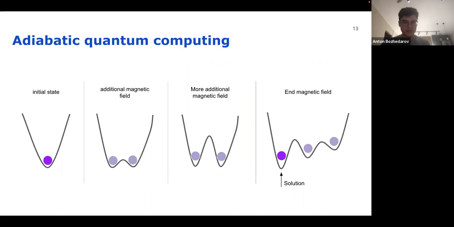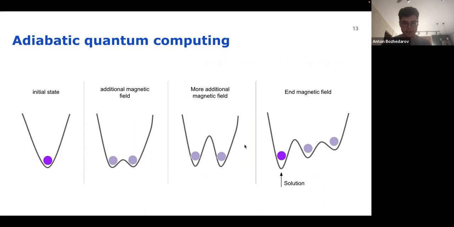This is based on the laws of quantum physics. It's proved and known as the quantum adiabatic theorem. And we could use such a theory to solve optimization problems.